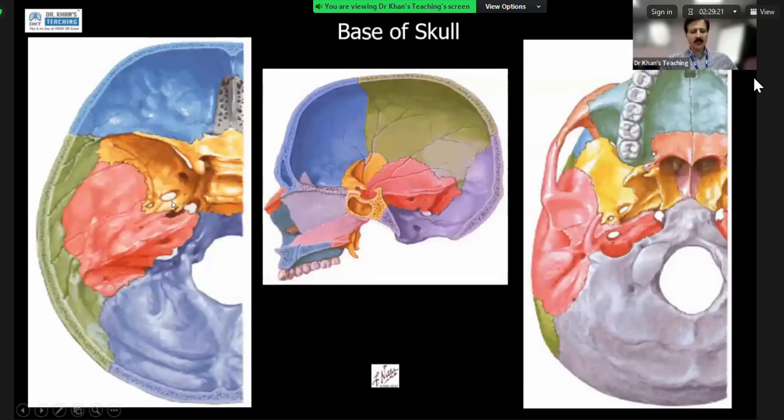Now, the sixth nerve passes somewhere here. It is a thin nerve. It passes through the sphenoid, through a canal, and then it goes into.